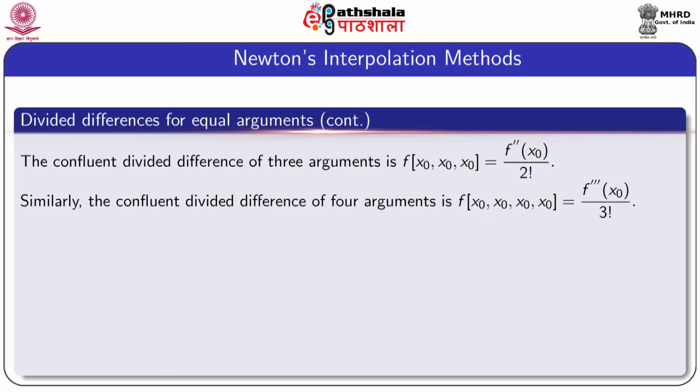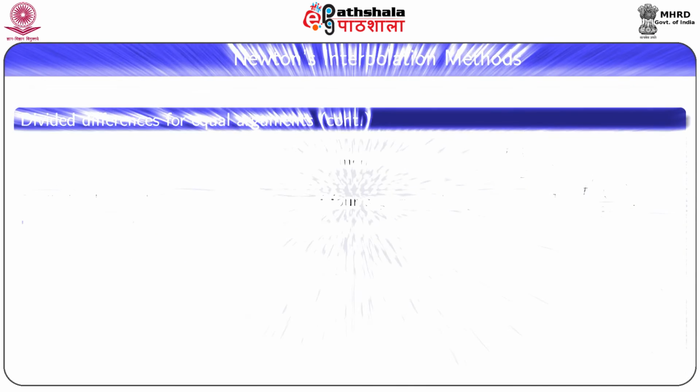Similarly, for 3 equal arguments x0, x0, x0, the second order divided difference is equal to the second order derivative of f at the point x0 by factorial 2, and for 4 arguments the third order divided difference is equal to the third derivative of f at x0 by factorial 3.